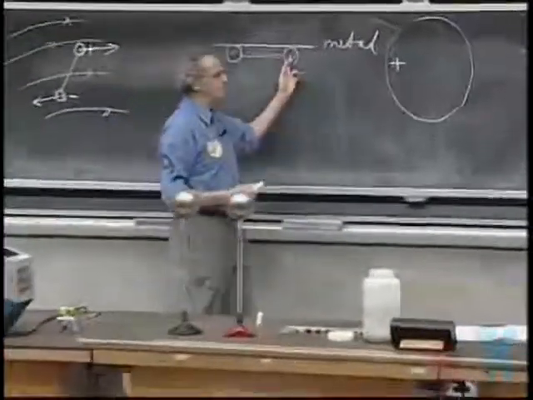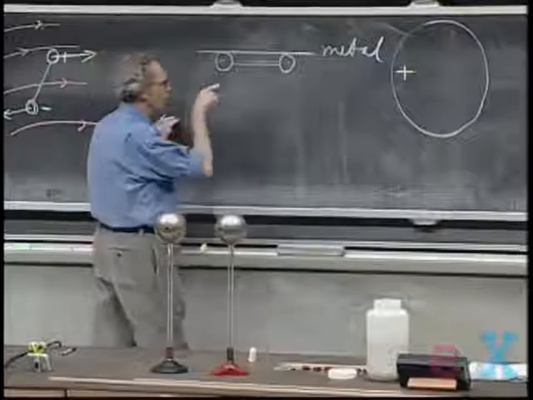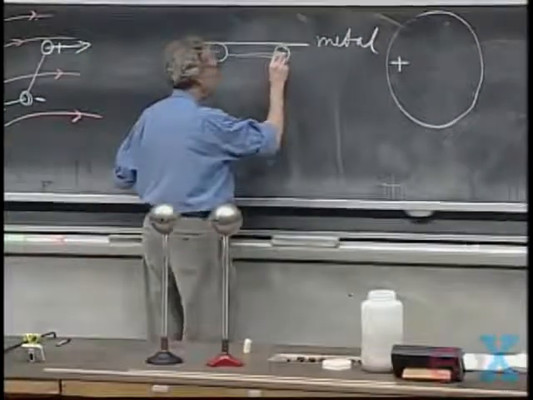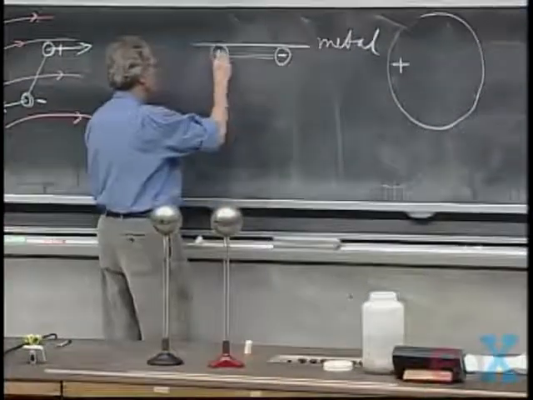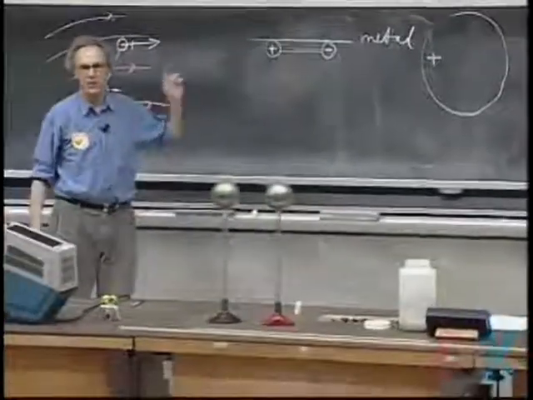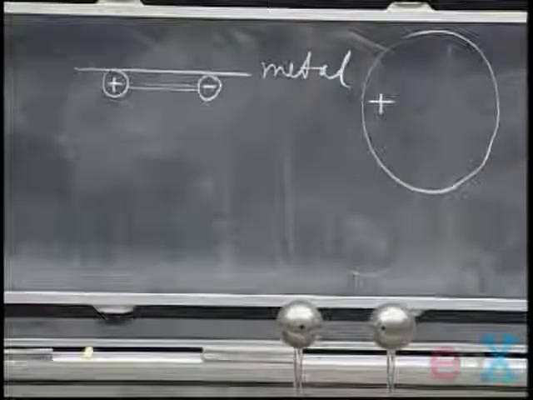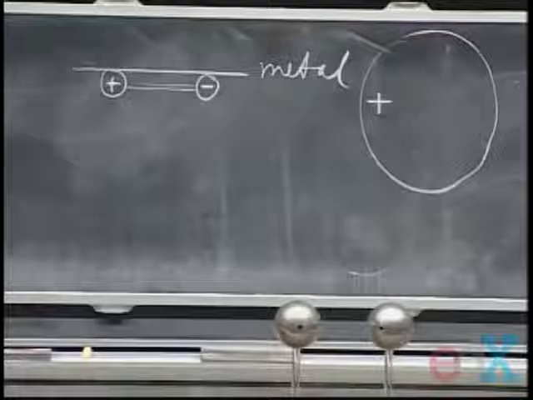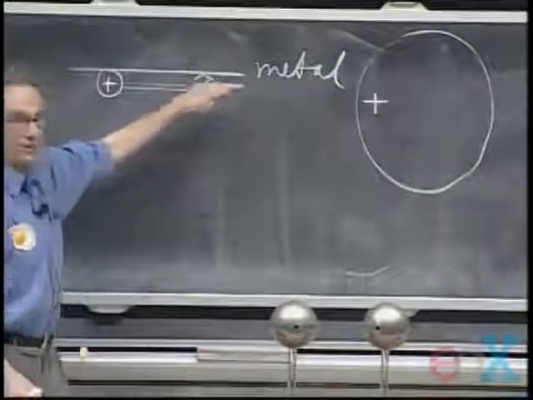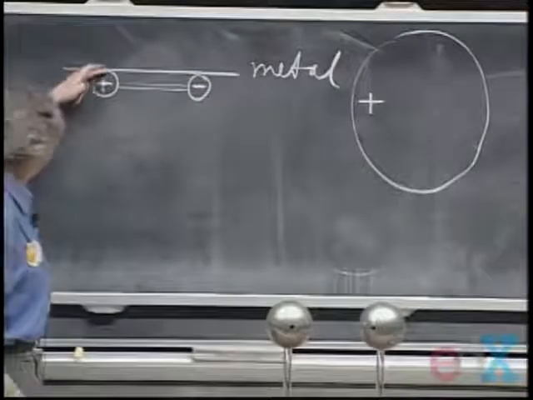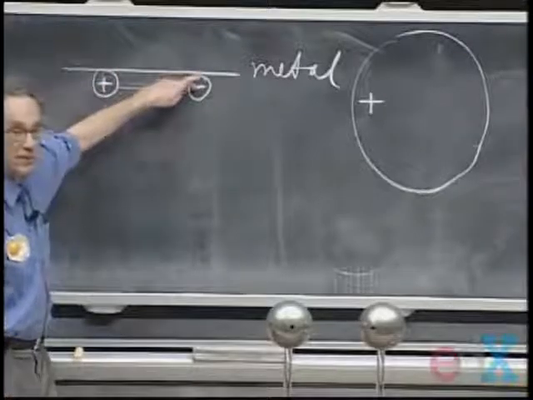What will happen now? Electrons want to go in this direction. So this becomes negative. Protons, positive charge stays behind. So that becomes, through induction, a dipole, because I have them connected with this metal bar. So these electrons can flow through this bar and end up here.